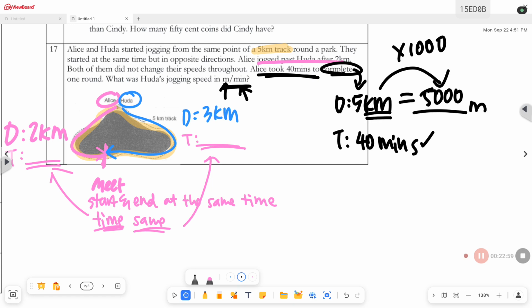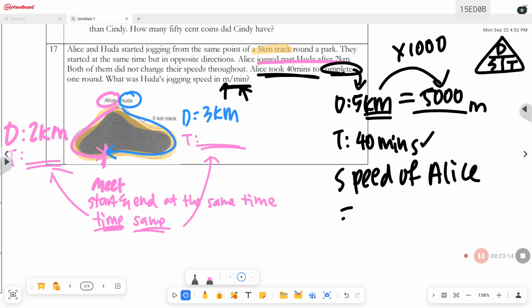So if I know I have distance and time, I can find Alice's speed, right? So this is the speed of Alice. Speed of Alice means I take the distance divided by the time.